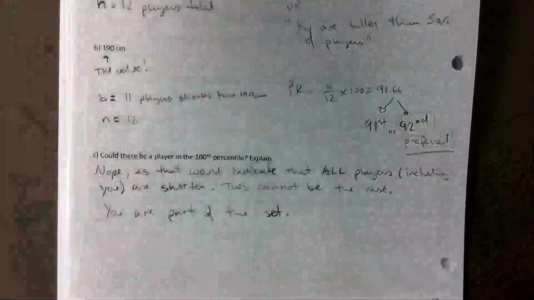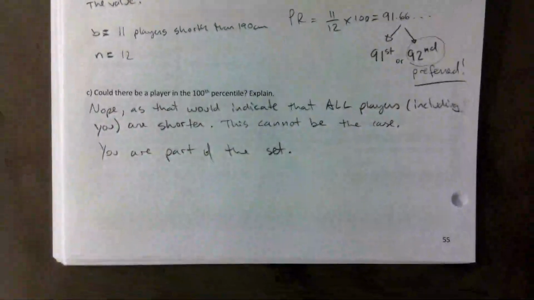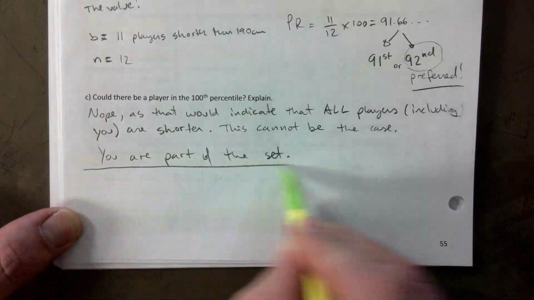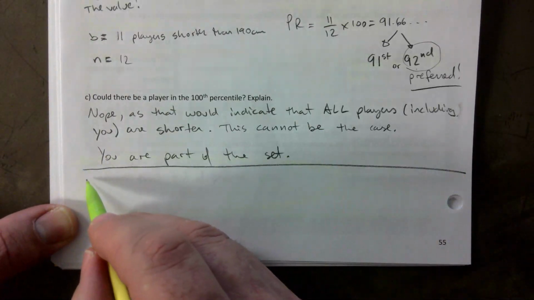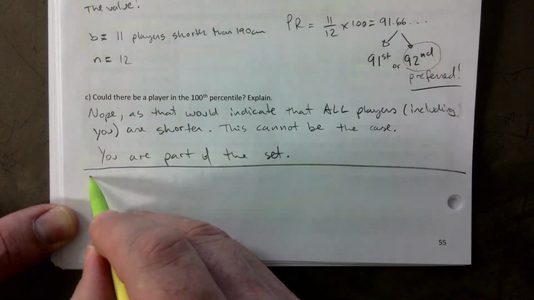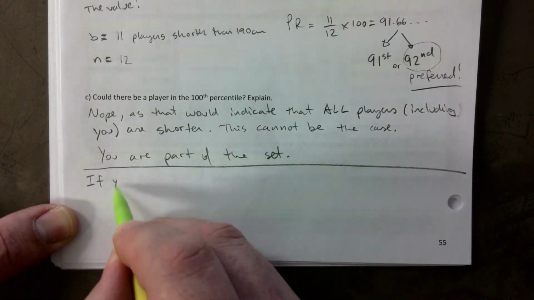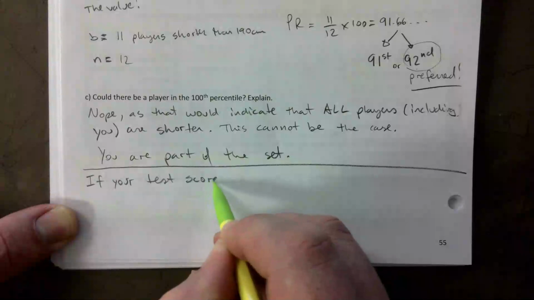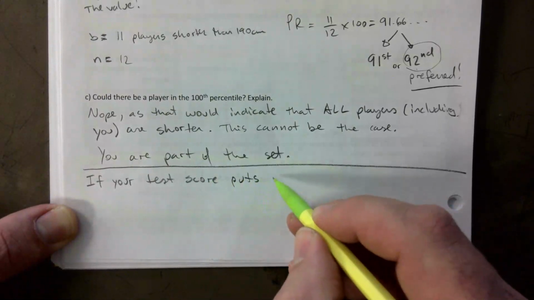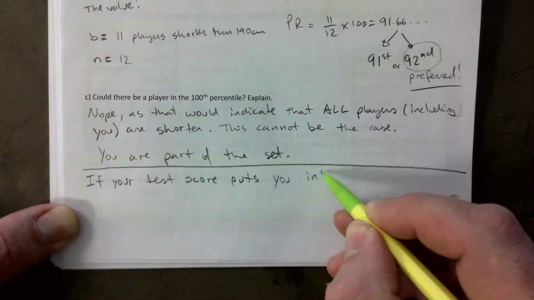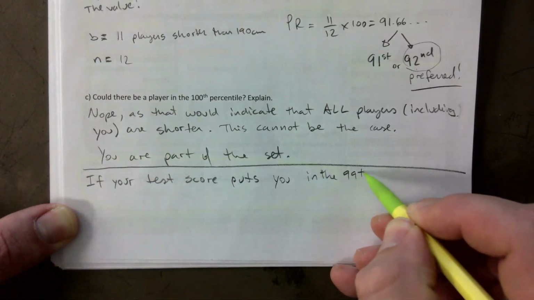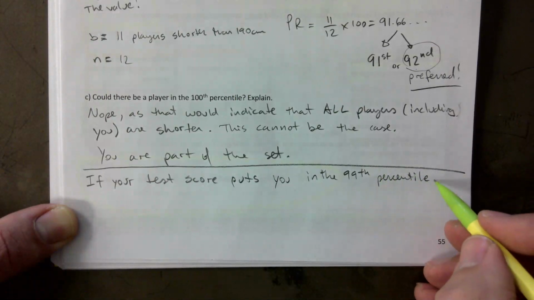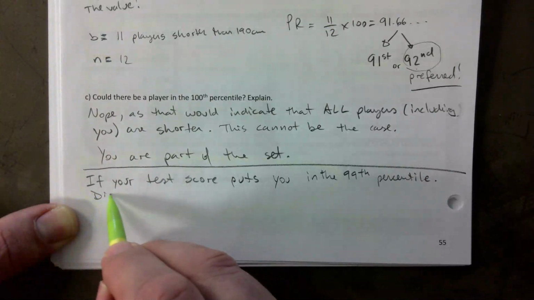Can I ask you to do one more? This one I find, can you add this, please? I don't know where else to put this. If your test score puts you in the 99th percentile, did you pass the test?